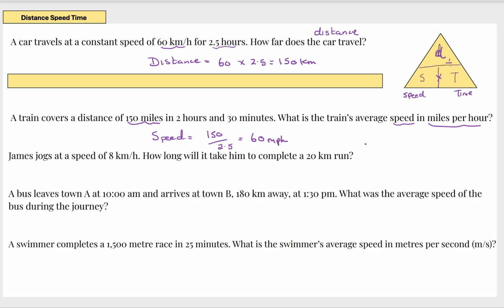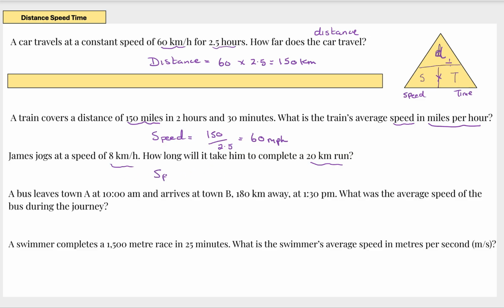So really the key part of understanding these kind of questions is knowing this triangle and knowing when to apply which one it is. James jogs at a speed of 8 kilometers an hour. How long will it take him to complete a 20-kilometer race? So again, it's asking us how long it's going to take him to do it.